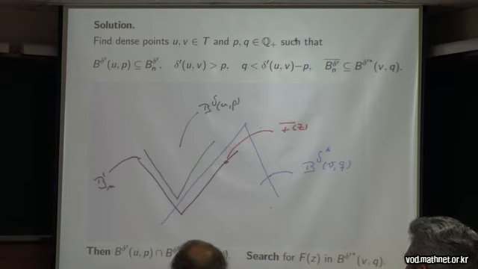So that gives a hint how we could generalize this to more general spaces. So as I said, also in this case we can find our point f of z.